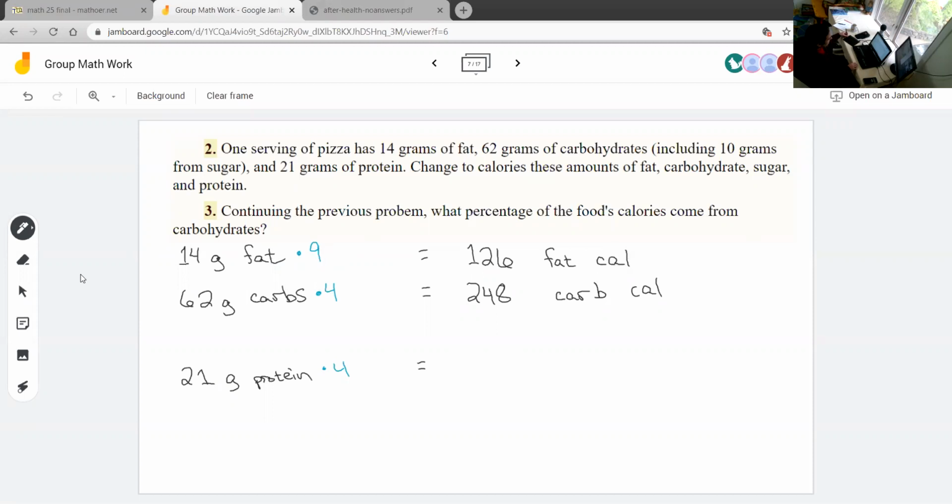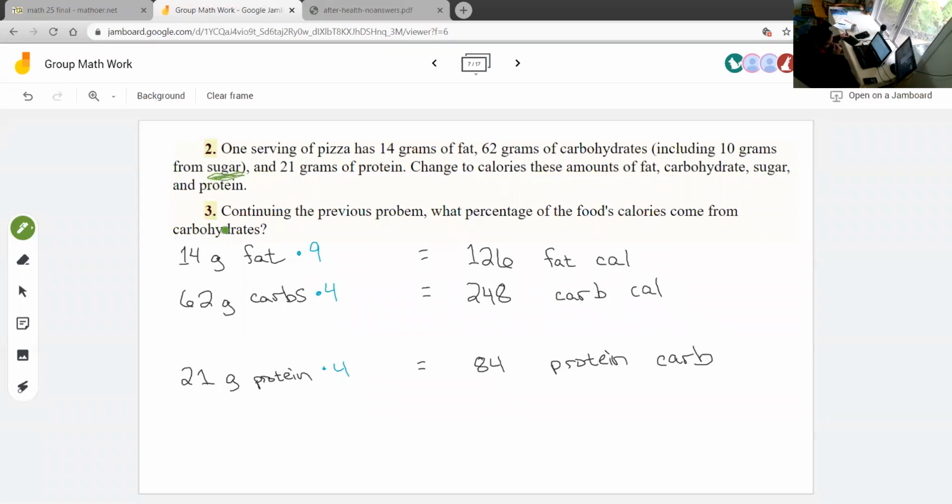For carbs and protein, it's times 4. So that's where we left off. We're not quite done with number 2. There is still the sugar to deal with, but we're saving that for later.